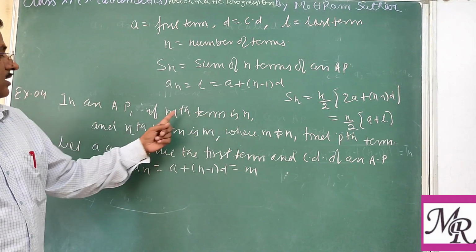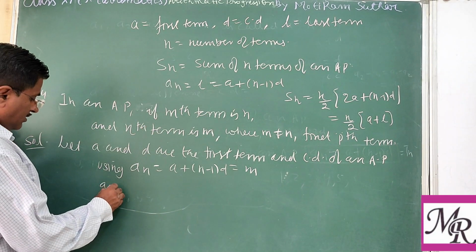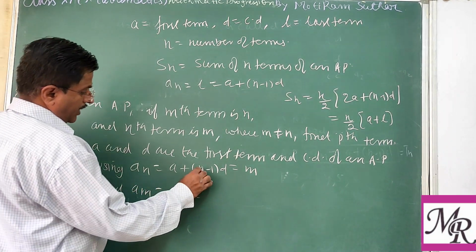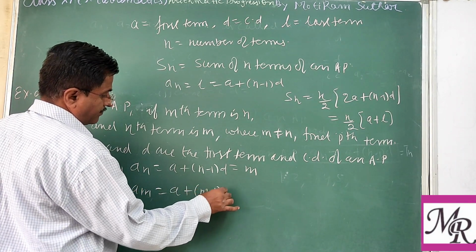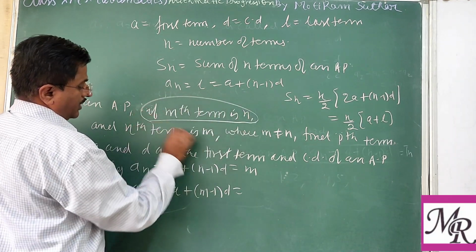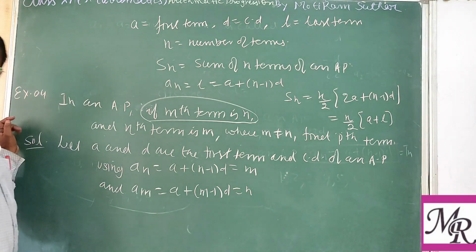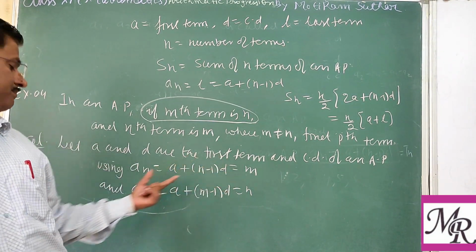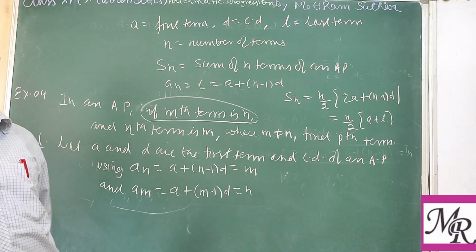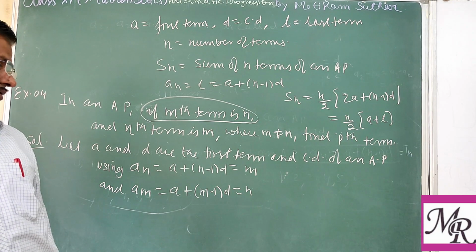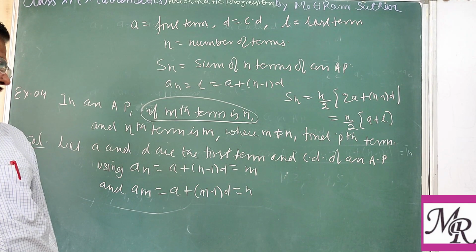If it is the mth term, then am equals a plus m minus 1 into d, and this is n. And the nth term is m. So we get am equal to n, an equal to m. Then you have to find the pth term.